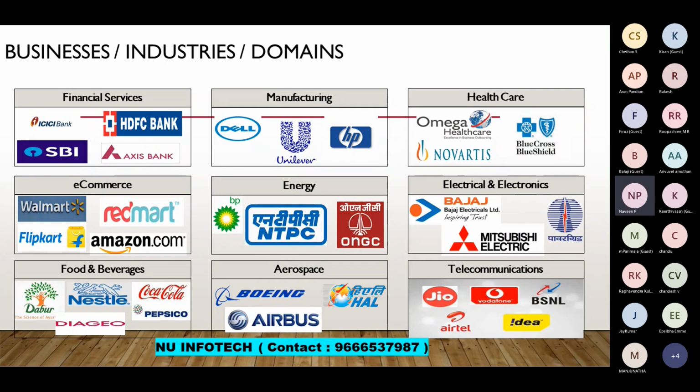It could be any kind of business. These are mostly what I listed in India only. Across the globe there will be a lot more companies, thousands of companies, whatever the business they are running.